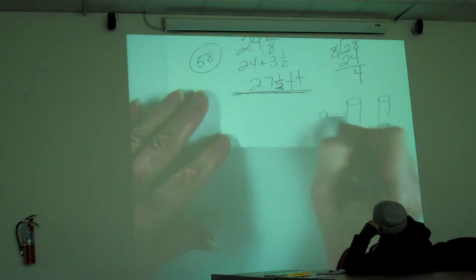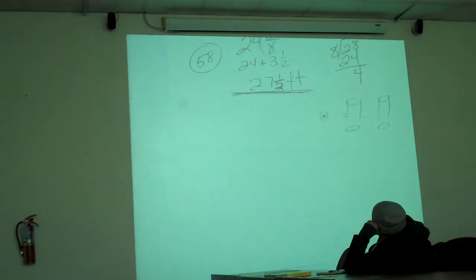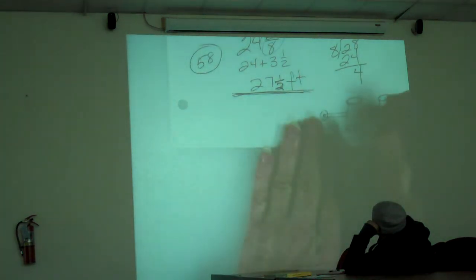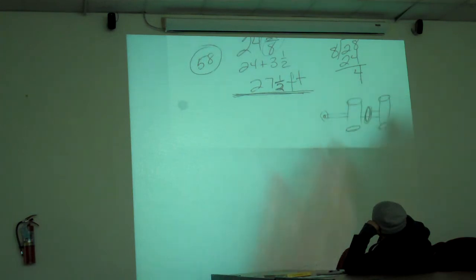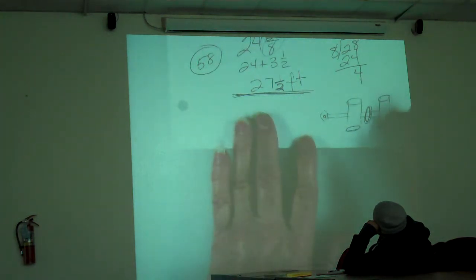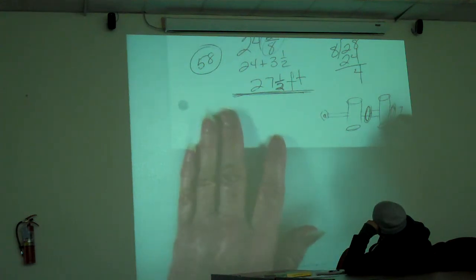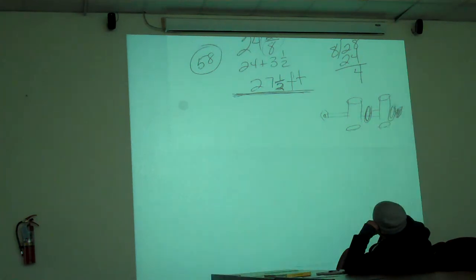It wants to know how long a bolt's going to need to be to go through the pipes and the washers. You have one washer right here, and on the outside you have another washer and, what do you call that, a nut? Yeah, and a nut. It says how big each one of these are.